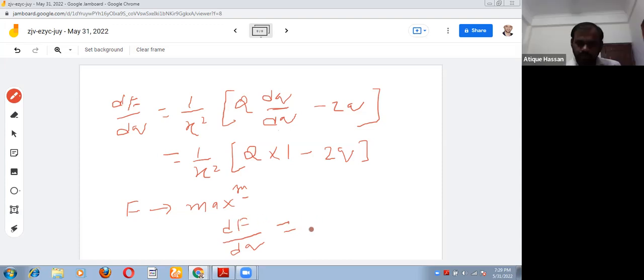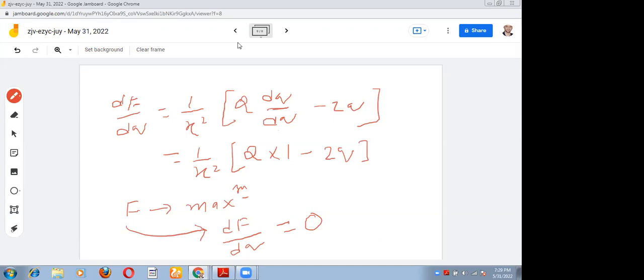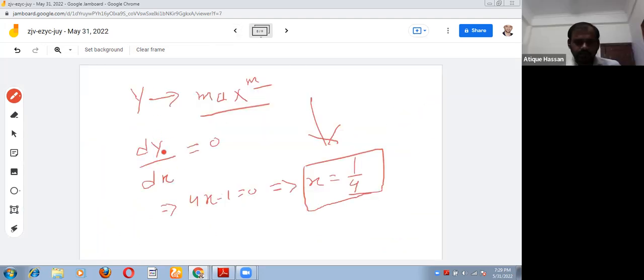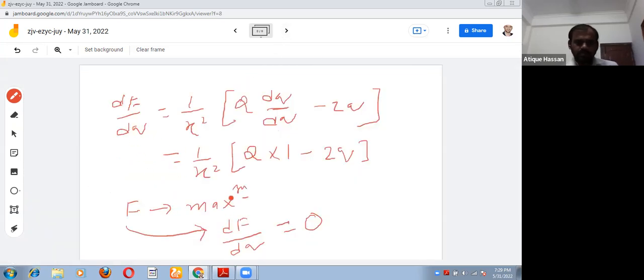So df by dq should be 0. For f to be maximum, df by dq should be equal to 0. Got it or not? Yes. In the same way, like this, for y to be maximum, dy by dx is 0. In the same way, for f to be maximum, df by dq should be equal to 0.